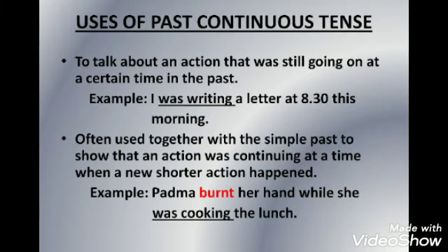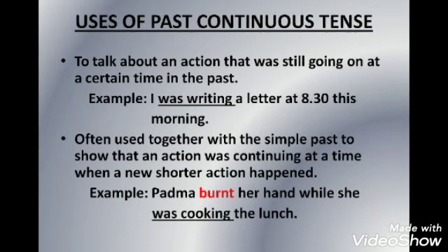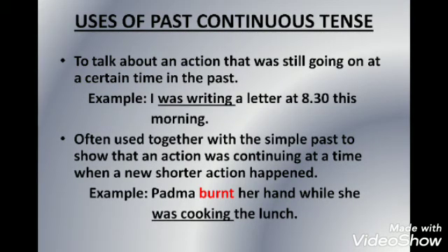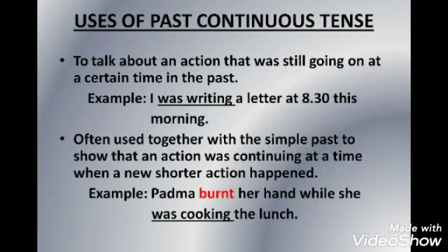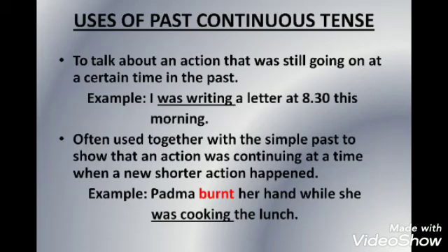Here, she was cooking the lunch is the past continuous, and it is used together with the simple past, that is burned. We can also notice that there are two actions here. The older one is Padma was cooking the lunch, and the new action is Padma burned her hand, which shows that the action was continuing at a time when a new shorter action happened.